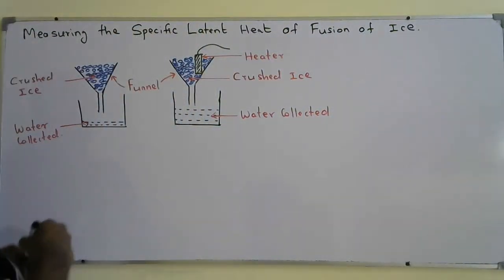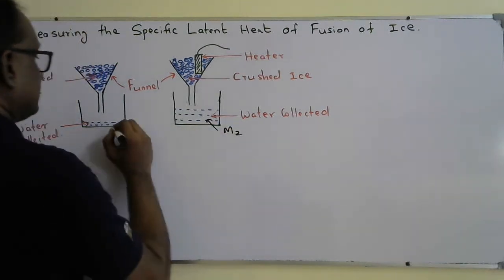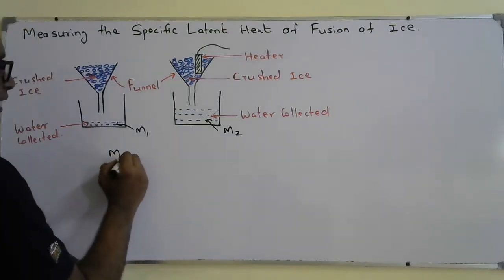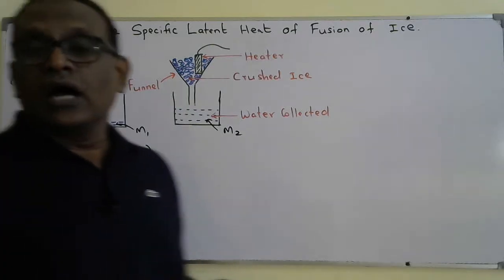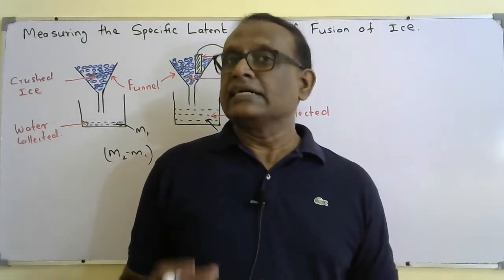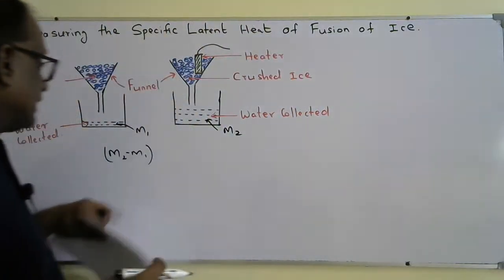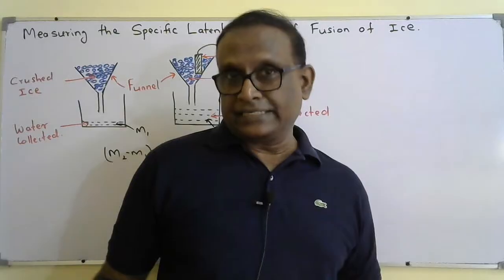If I say the mass collected here is M2 and here the mass of water collected is M1, then M2 minus M1 is the mass of water due to the heater. So the heater also melts ice.